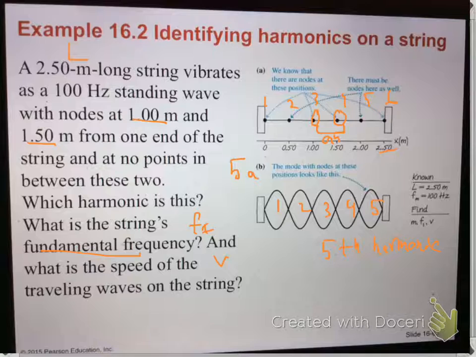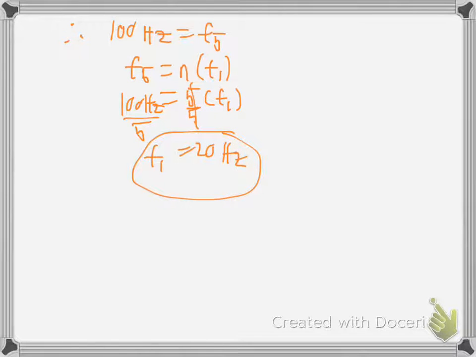The next part is, what is the speed of the traveling wave on the string? So we're looking for the speed. There's kind of two ways we can do this. For the speed, we don't know anything about the tension here. So if there's no information given to you that you can find the tension, then you're going to have to use the wave equation, which is this.